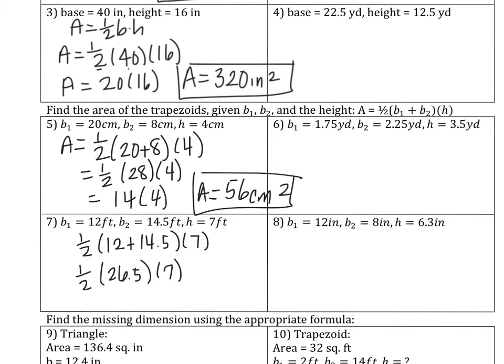And here there's no easy way to take half of a number, so I'm just going to go ahead and multiply the 26.5 times the 7 and then cut it in half. So half times 185.5, and that is going to give me an area of 92.75 feet squared.